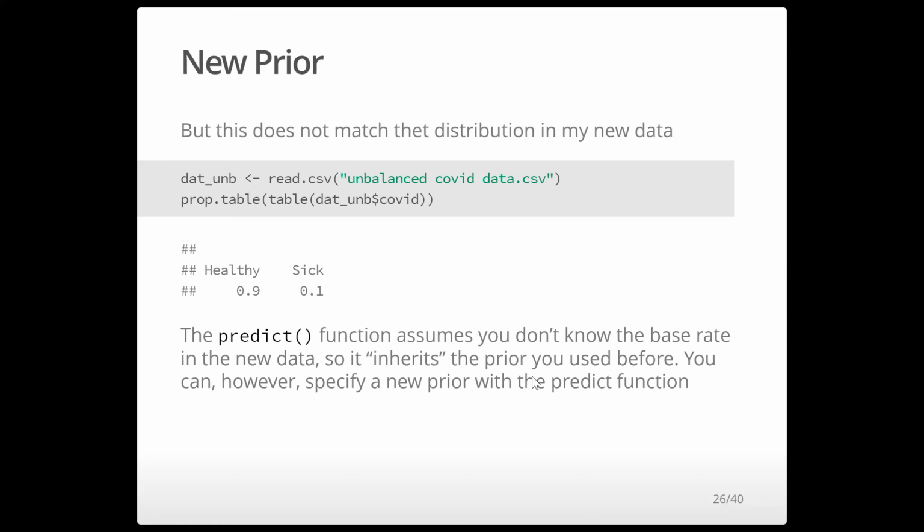But the predict function is going to assume that you don't know anything about the correct classification in the new data. It's not taking that into account. It's just taking your function, looking at the discriminants in the new data, so just temperature and oxygen, and trying to predict the classification. It's ignoring what the correct classification is, assuming you don't know it. So it's inheriting the prior used before. So you can and should, in this case, specify a new prior with the predict function.